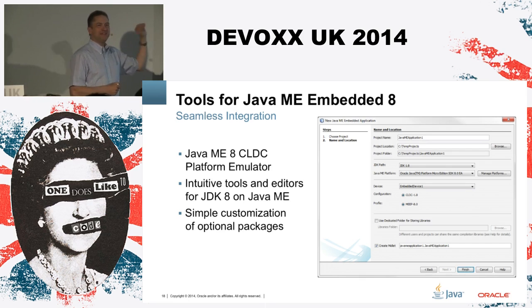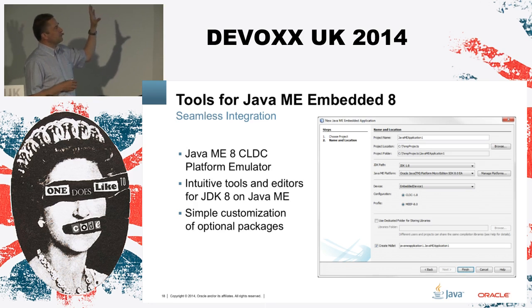So we have updated NetBeans because we have the control over that. And so what we've done is we put a lot of facilities into NetBeans in terms of this kind of development. I know Eclipse are also looking at a similar kind of thing.